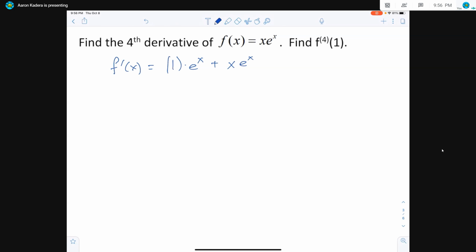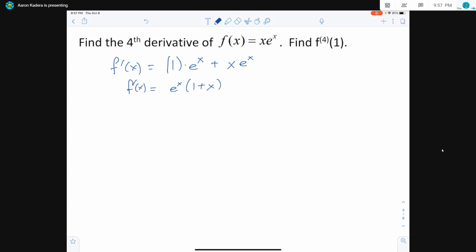So we get something like that. Notice that both terms have an e to the x in it, so I think if we factor that out, we might get a slightly less complicated version of itself. So we got 1 plus x there. So I've got f prime of x equals that.